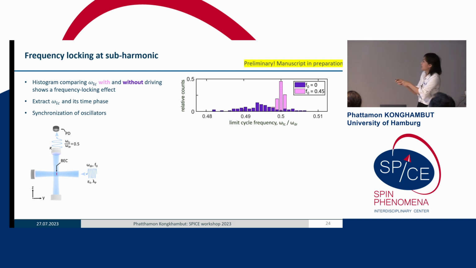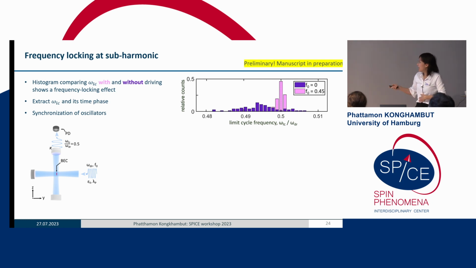But then once you start to drive, you see that it's locked to exactly 0.5 of your driving frequency. So now you can really tell your time crystal which frequency it should oscillate at. And it looks really similar to a seeding of your laser. You have a seeding, and then you see a sharp peak exactly at half of the frequency you have.